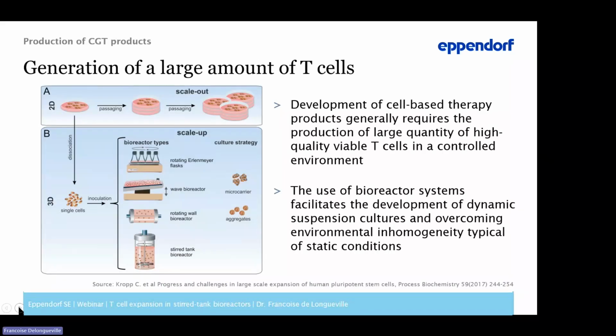The development of a cell-based therapy product generally requires the production of a large quantity of high-quality viable T cells in a controlled environment. To generate larger cell amounts, scaling out of the 2D approach was first initiated by simply multiplying cell culture vessels or by using multi-layer flasks called cell factory or cell stack.